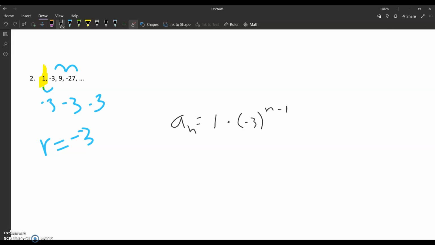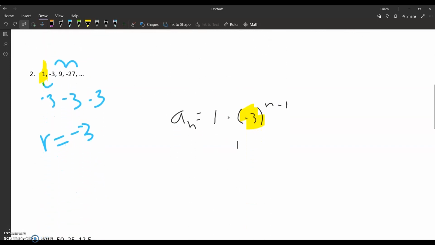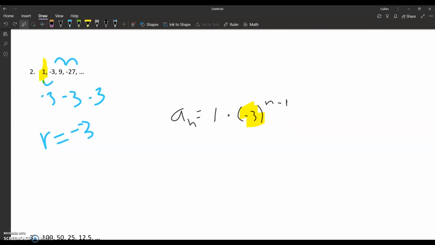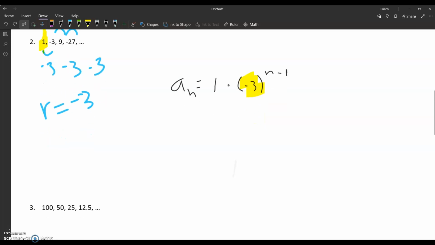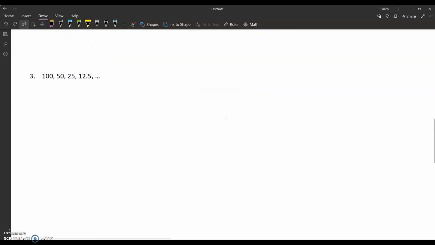Okay, so this formula is not too hard to plug things into. You just got to plug in A1, and you got to plug in R. And while you're doing this, make sure you put parentheses around things that are negative, especially if your ratio is negative, because when you raise it to the n-1 exponent on your calculator, it can mess up your sign. So make sure you put those things in parentheses.